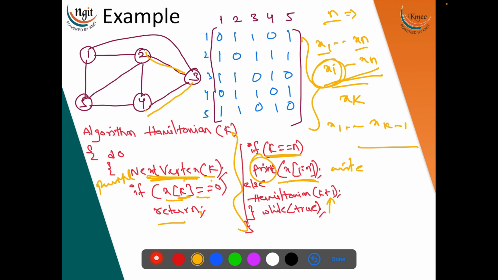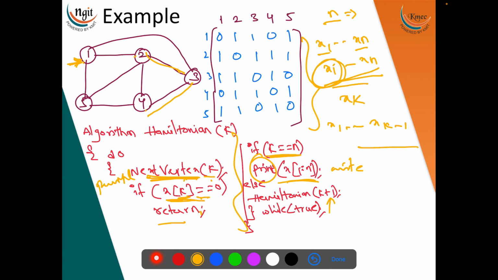Now, let's see this example. We'll trace how the Hamiltonian cycle works. Initially, your k value is 0, and we are working with this vertex. So what is a Hamiltonian cycle? A Hamiltonian cycle is to find a round trip path. That means it has to know whether an edge is there from this vertex to the next vertex.